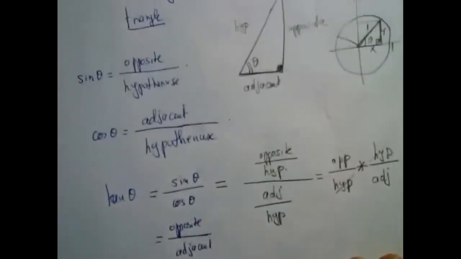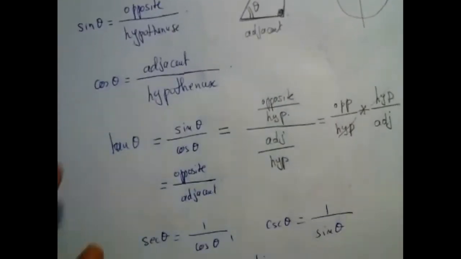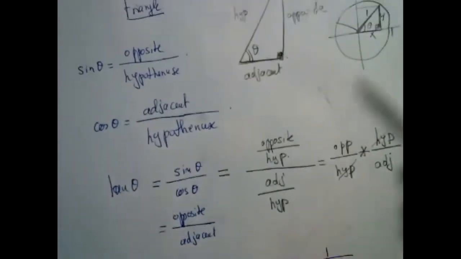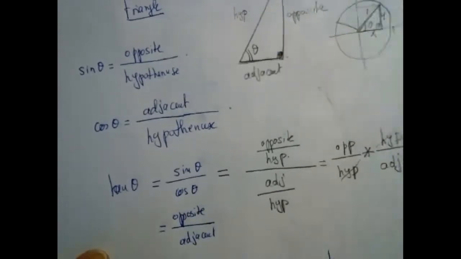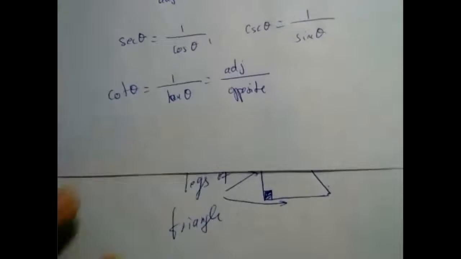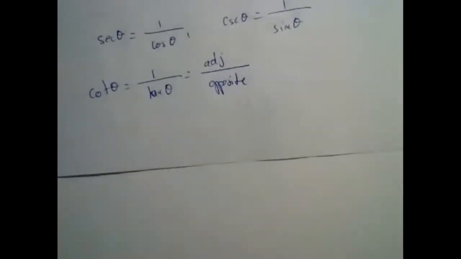Okay, so those are all the trig functions that you should memorize in the context of the unit circle, and in the context of a right triangle. All right, so let us practice those a little bit because it's not a hard section, as I said. Can I move on?